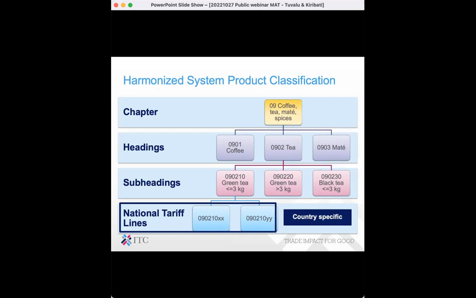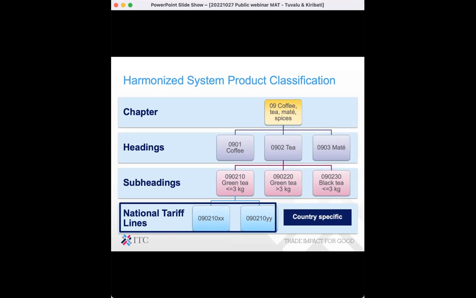So why would countries do this? They will add digits because, for example, some countries might think it's important that green tea is defined at a deeper level because this is a product that is very important for their economy. And when we're talking about import tariffs, these tariffs are always levied on the importing country's national tariff line codes.